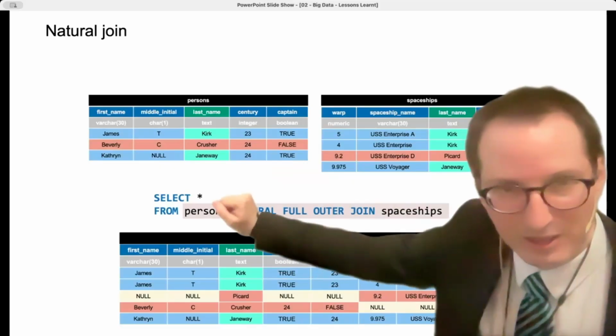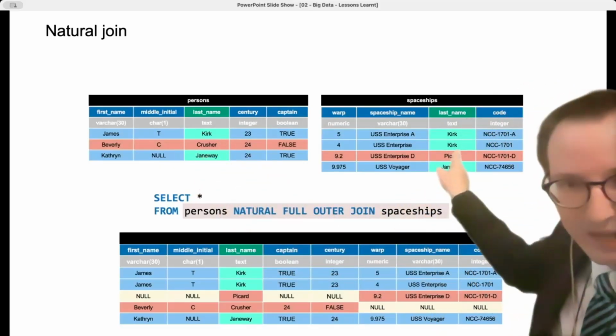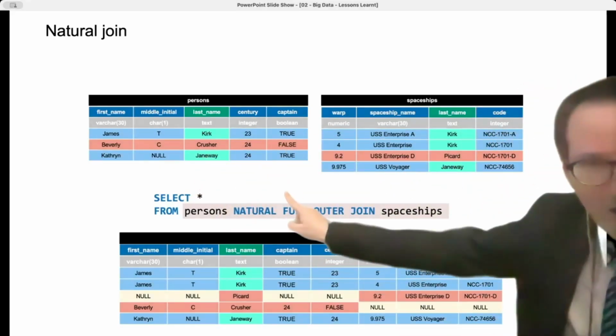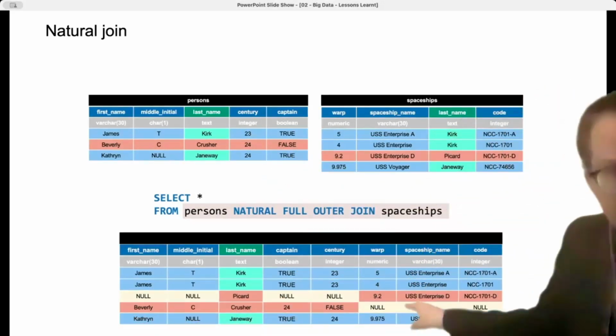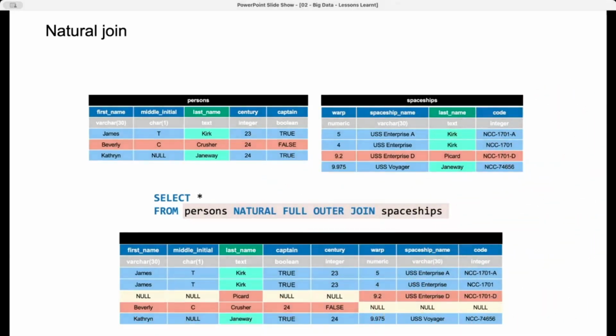Crusher doesn't have any correspondence. Janeway here. Picard doesn't have any correspondence. And full outer means that those that don't have any correspondence, you still put them in the output, but you put nulls everywhere else, just because you don't know the value. I'll come back in this lecture to the semantics of nulls and so on, but you can see them as absent values. And yes, you could argue that having nulls or missing values breaks relational integrity.